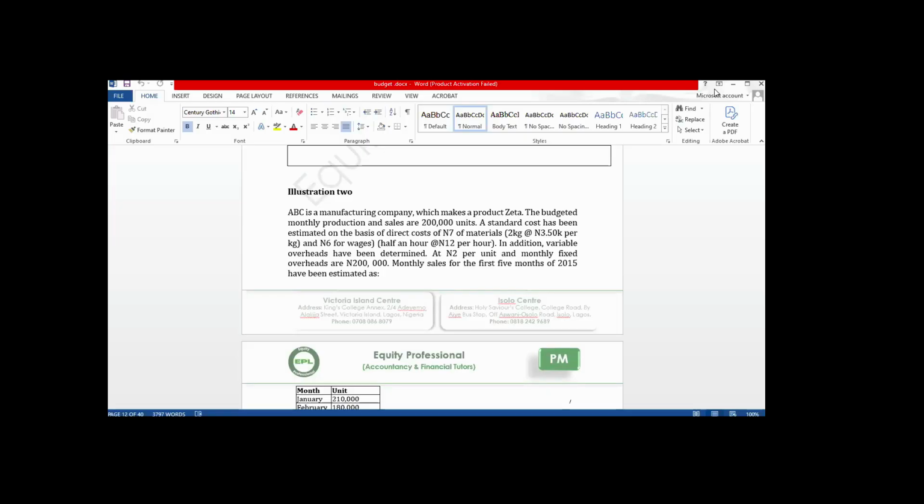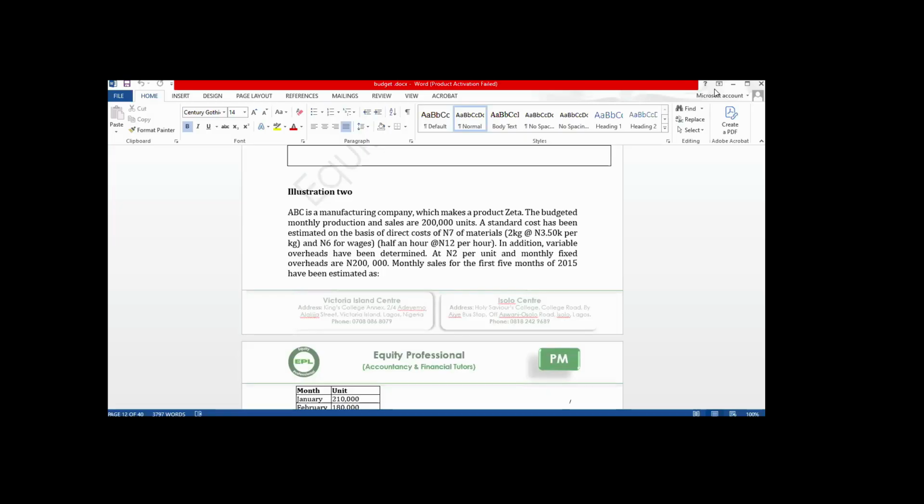And direct cost of 6 naira for wages. Direct labor is calculated as half an hour at 12 naira per hour.